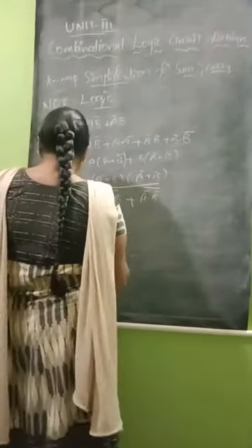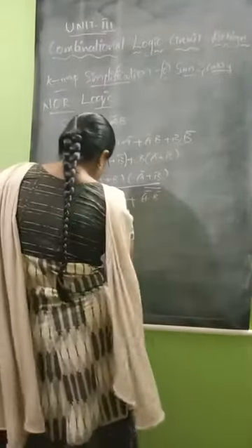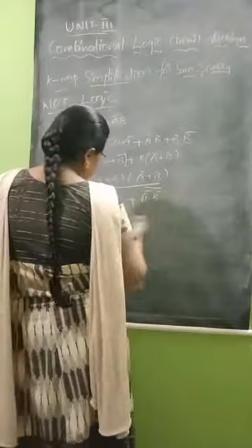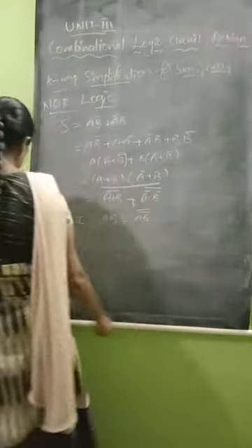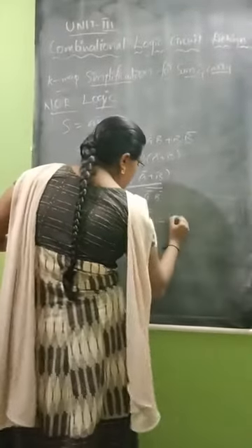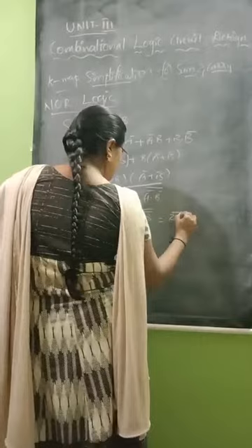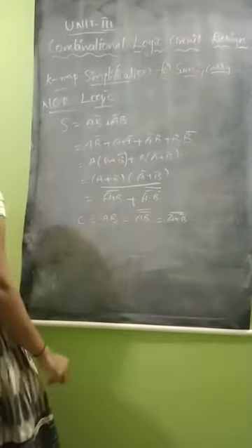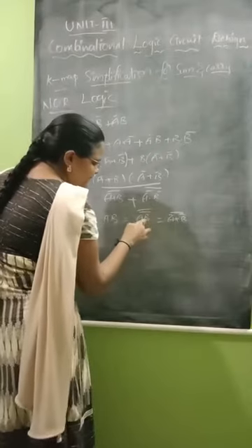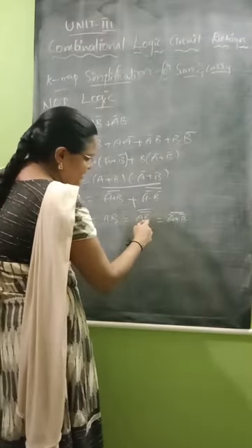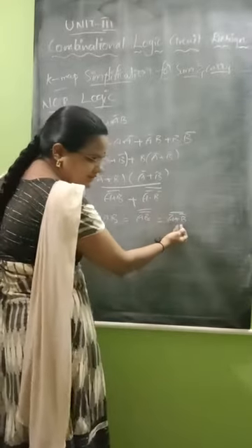Okay, so this is the sum and the carry is AB. Here also the carry is AB, so AB is double bar. Here A into B: the AND sign is changed to OR sign, and the OR sign is changed to AND sign. That's why we can write like this.